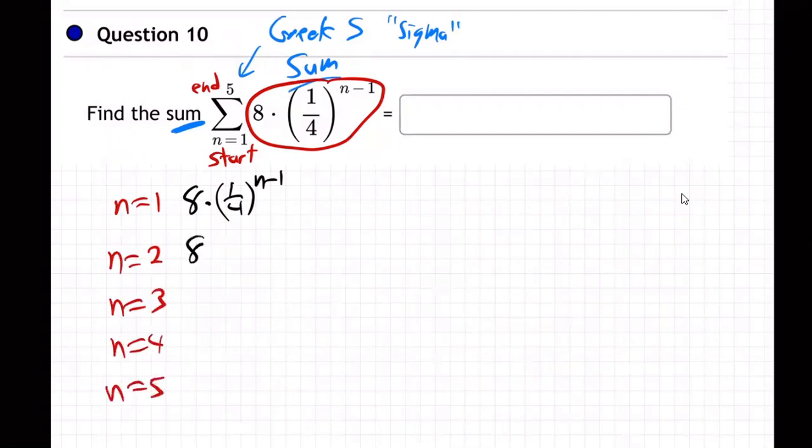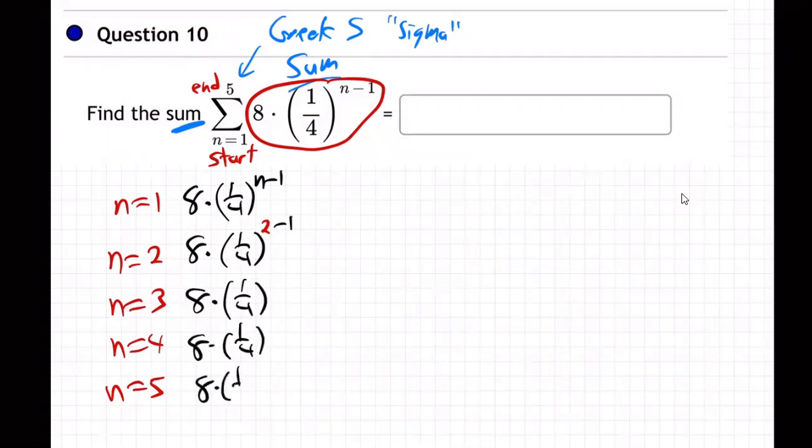Every time plugging into the formula 8 times 1/4 to the n minus 1, with n being 2, 3, 4, 5, and this one right here will be 1 minus 1.